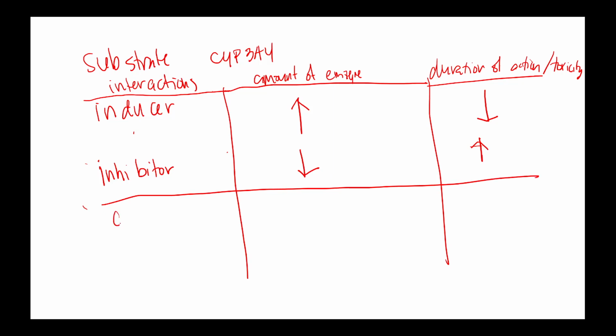Now, for the case of prodrugs, the opposite is true. Since prodrugs need to be metabolized first before they have an effect, the effect is different. So if you have an inducer, the amount of enzyme increases, and the duration of action or the effect increases.